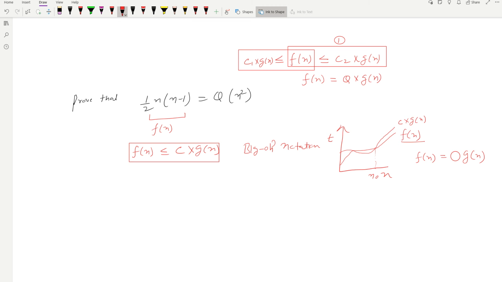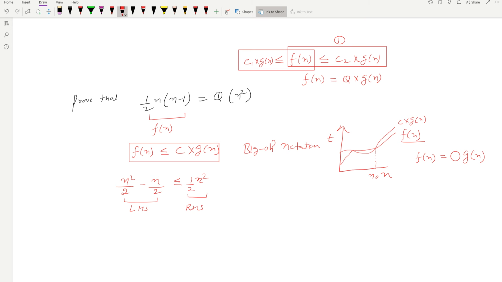So in order to prove this, let's prove the first thing. What is the function f of n here? That is n square by 2 minus n by 2, lesser than or equal to what? What function will you write at the right hand side so that the left hand side will always be lesser? Obviously, if you write n square by 2, then the right hand side will always be greater than the left hand side.